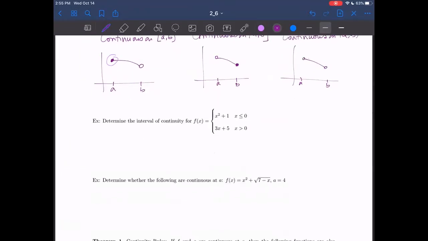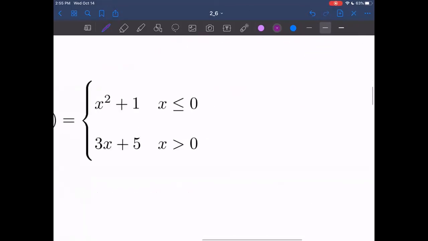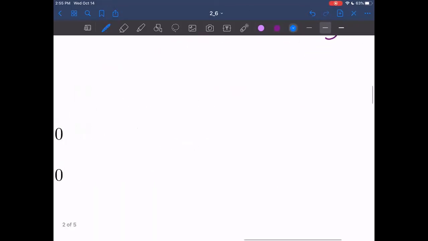So we might be asked to determine the interval of continuity for a function. So they're asking us, what intervals would it be continuous on? One way to think about this is graphically, another way is just looking at the functions.